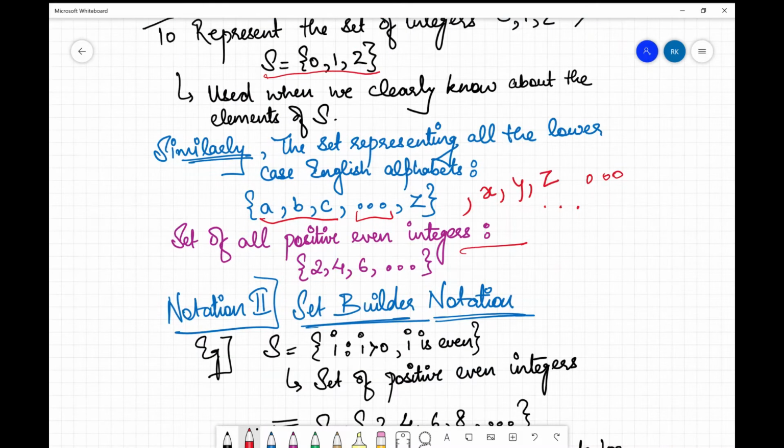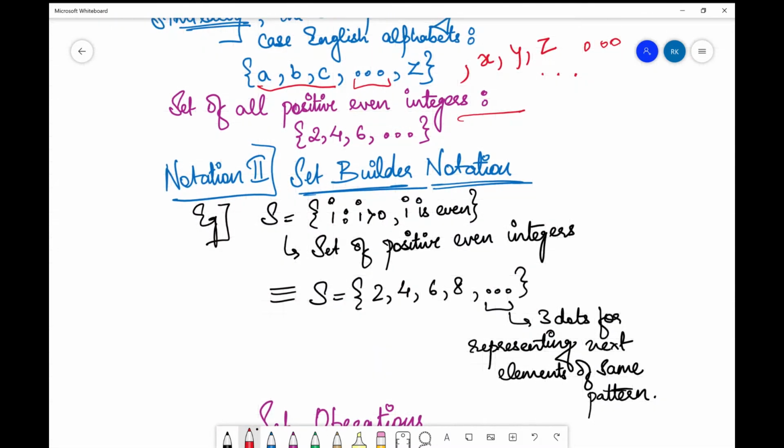Now the next notation is the set builder notation. We use this when we are not clearly sure of all the elements which may be present in the set. We just know a particular pattern, or a particular phrase, which is obeyed by all the elements of the set.